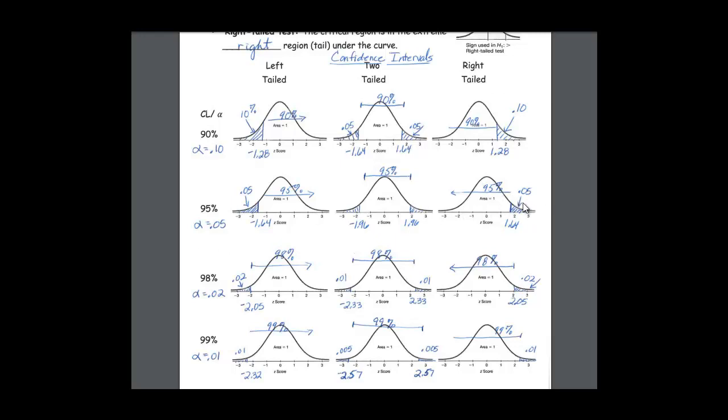So our 0.05, all 5% is in that right tail. 95% would fall below. That's going to correlate with our confidence interval, where we'll be using this curve with a 90% confidence interval, with 5% outside in each of the tails. And again, it's the same critical value, 1.64.